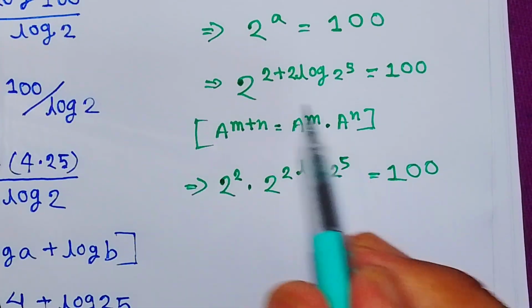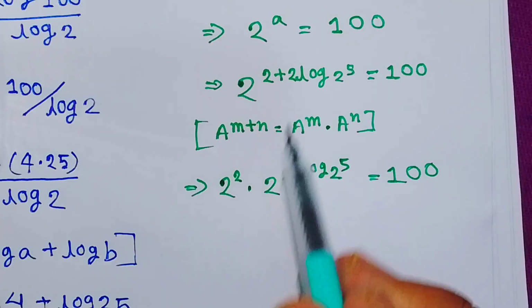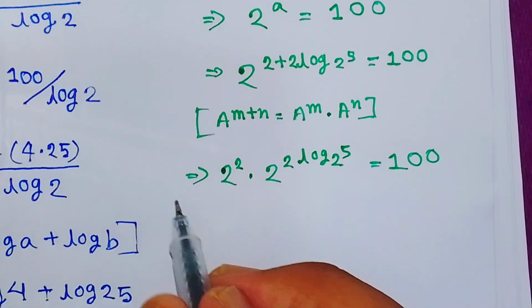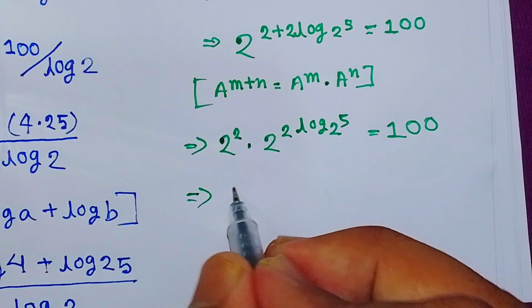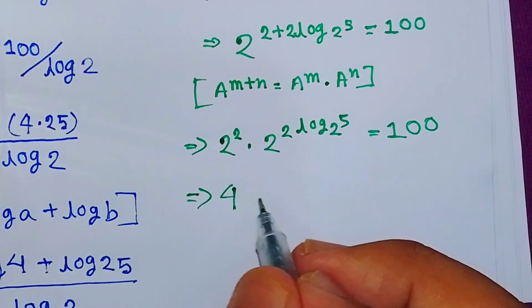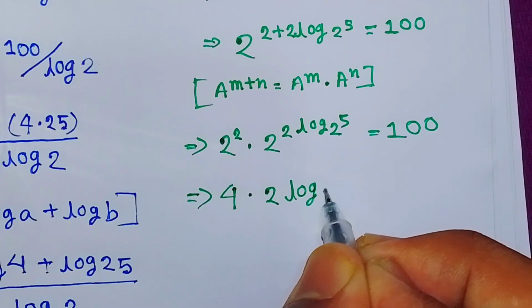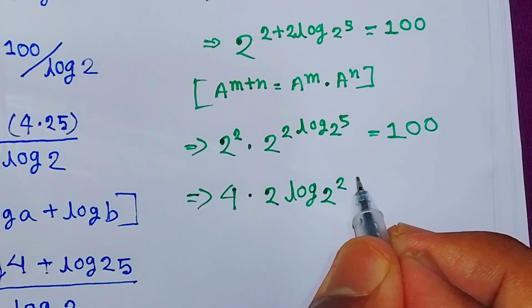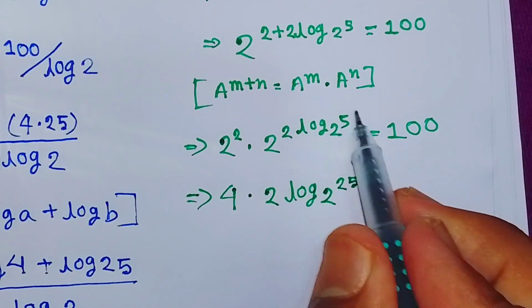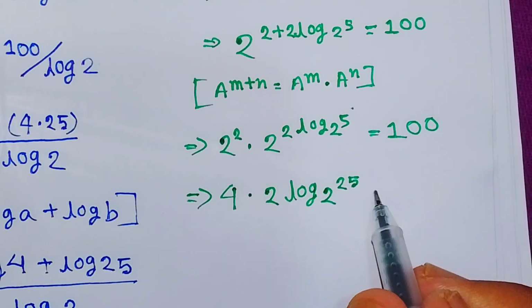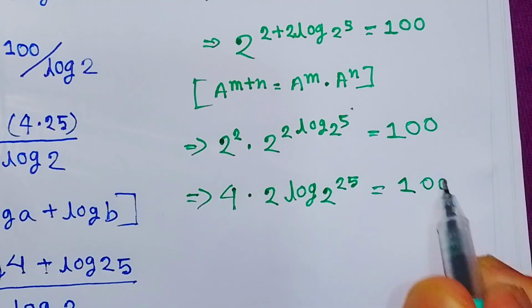Simply we just apply this formula in here. This plus becomes times. So after that we'll write 2 squared equals 4, and this 2 will be log base 2 of 5 squared, which is 25, equals 100.